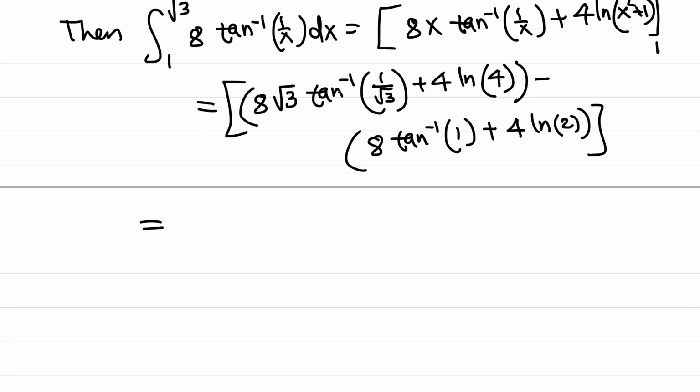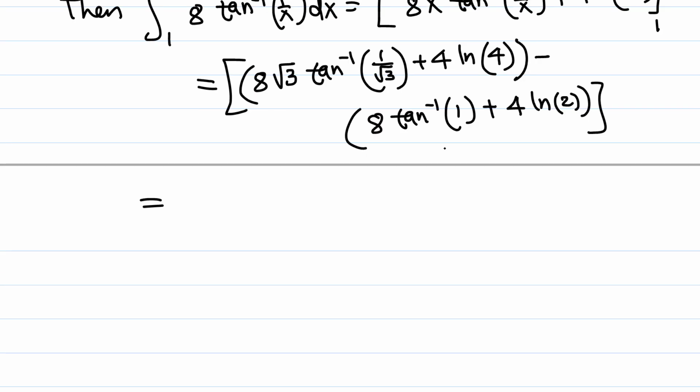Now we need to figure out what tangent inverse of 1 over root 3 is and what tangent inverse of 1 is. So from the unit circle, we know that tangent pi over 6, 30 degrees, is root 3 over 3, which is the same as 1 over root 3.